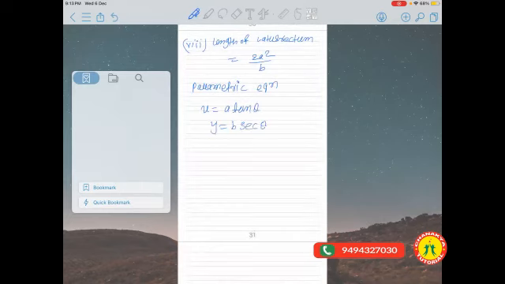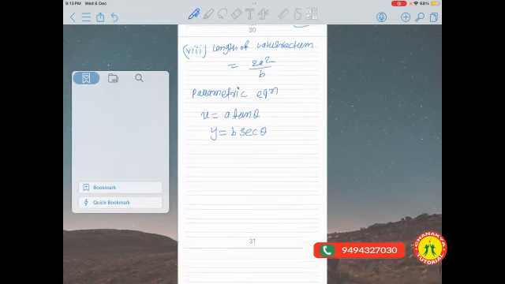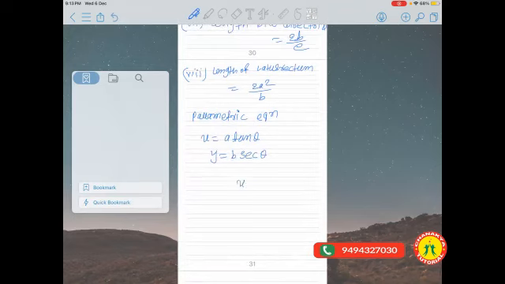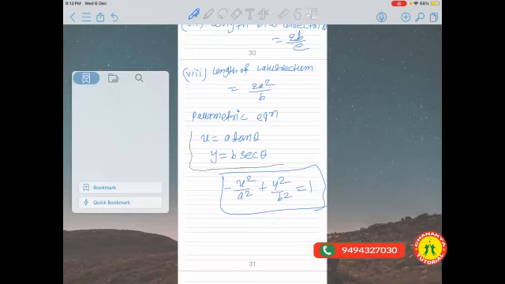It becomes the reciprocal. Because our equation is minus x square by a square plus y square by b square is equal to 1, this is the conjugate hyperbola. If you put x equal to a tan theta and y equal to b sec theta, you get 1. So this is the parametric equation of the conjugate hyperbola. We need to remember it.